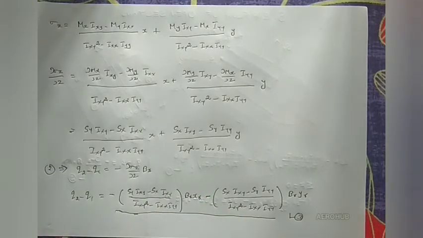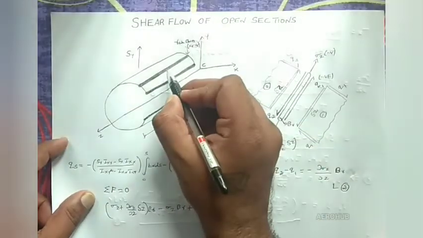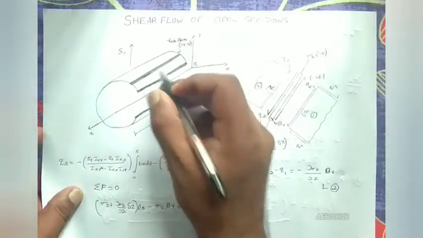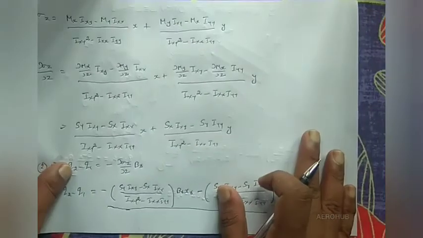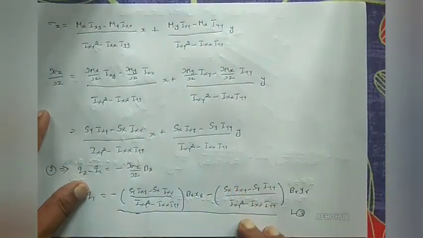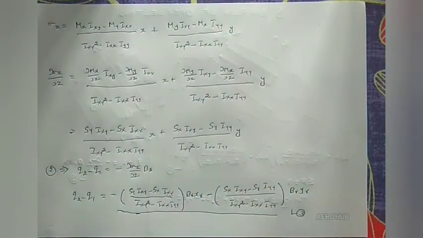Now this is only for a certain boom BR, the rth boom, so we are considering only a single boom here. When we have a number of booms, this equation will have a slight modification, and we also have to include the shear flow equation for the open section.